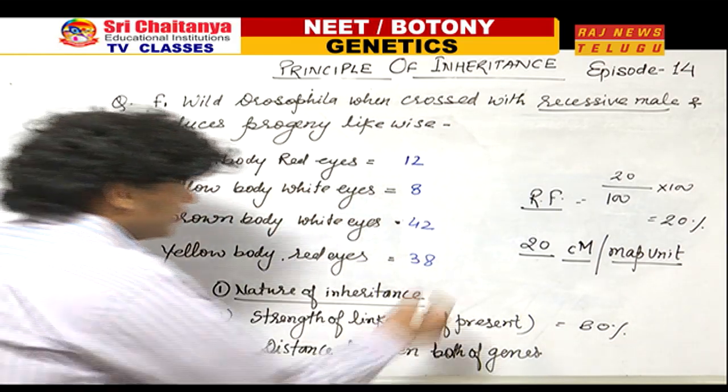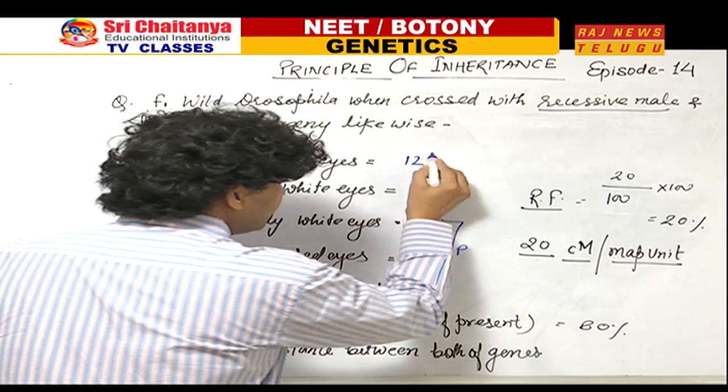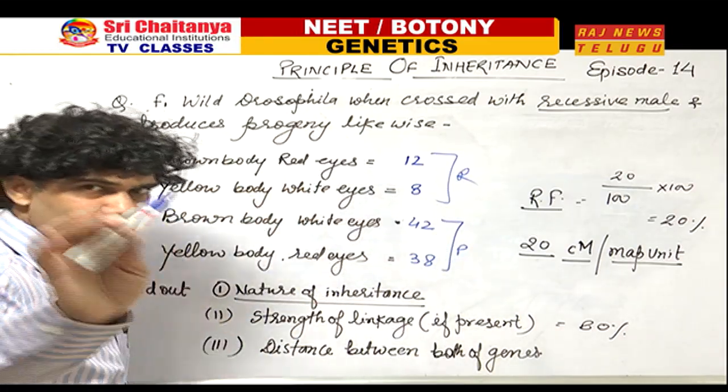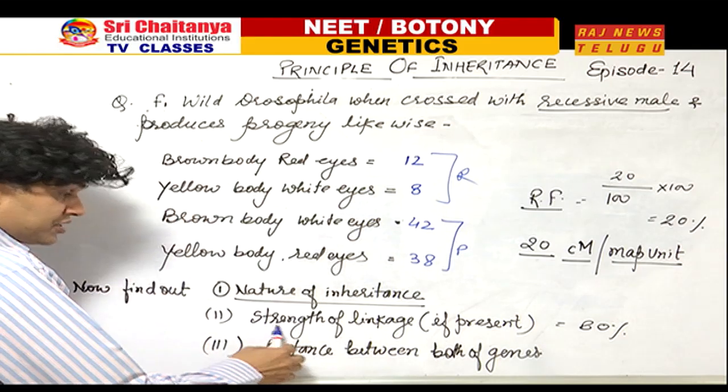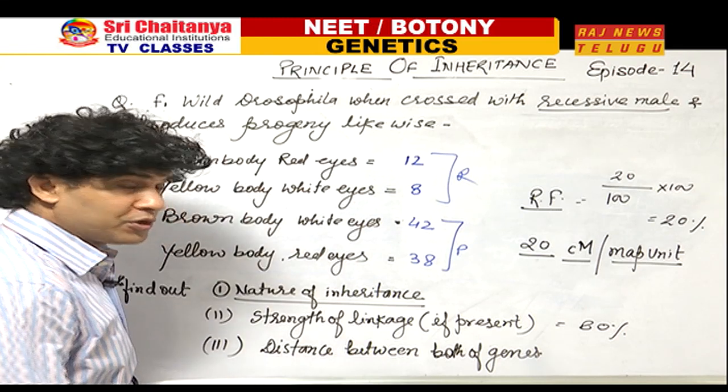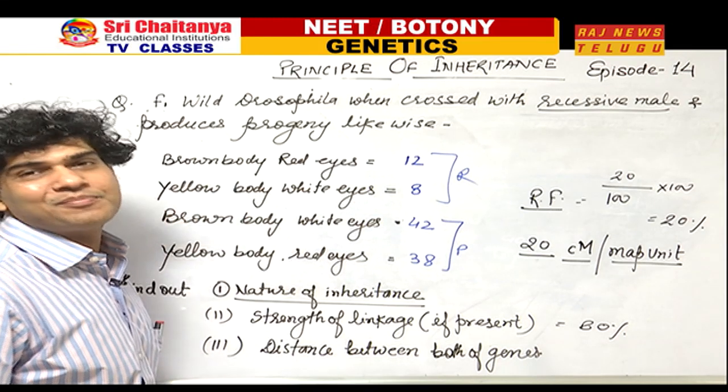It means now these two are parental and these two are recombinant. Means answer of the first question will change? No sir, incomplete linkage. Strength of the linkage will change? No sir, answer same 80%. Distance between the two genes change? No sir, answer is same.